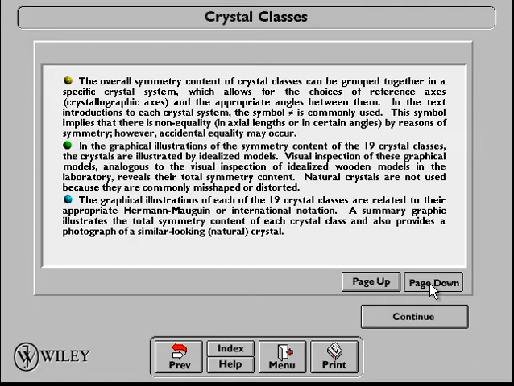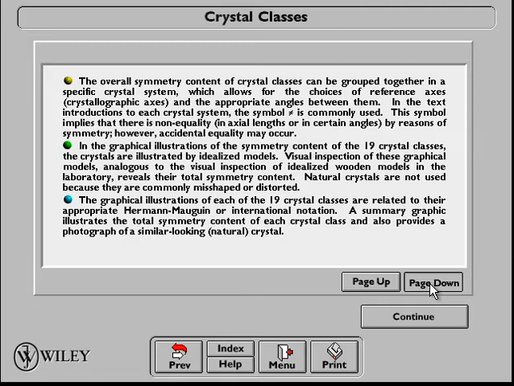In the graphical illustration of the symmetry content of the 19 crystal classes, the crystals are illustrated by idealized models. Visual inspection of these graphical models, analogous to the visual inspection of idealized wooden models in the laboratory, reveals their total symmetry content.